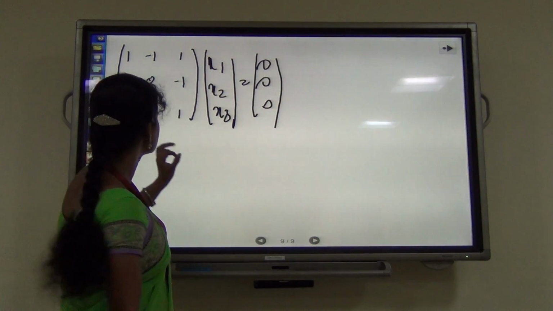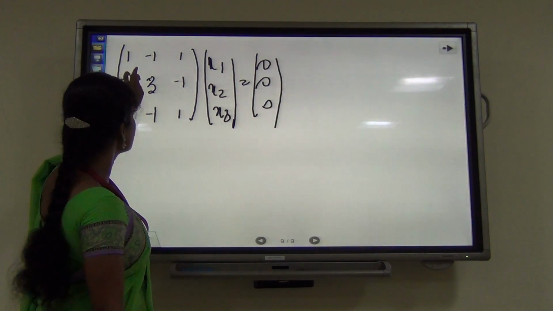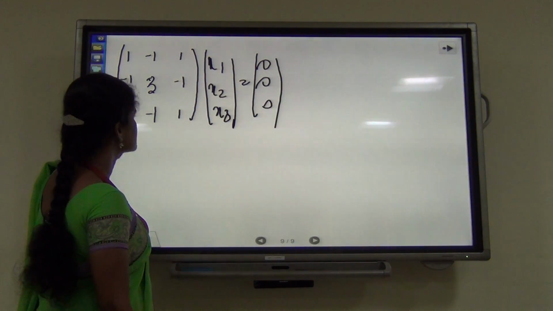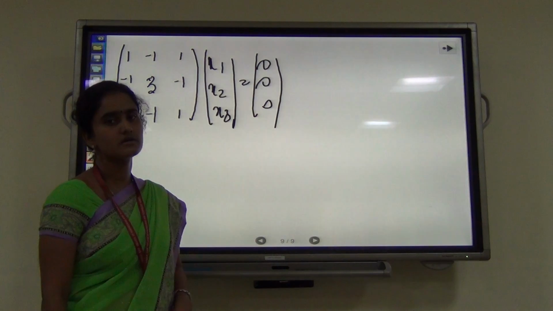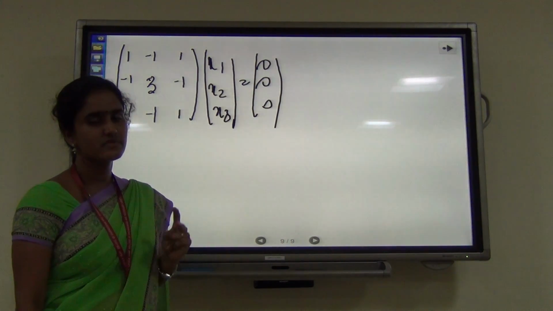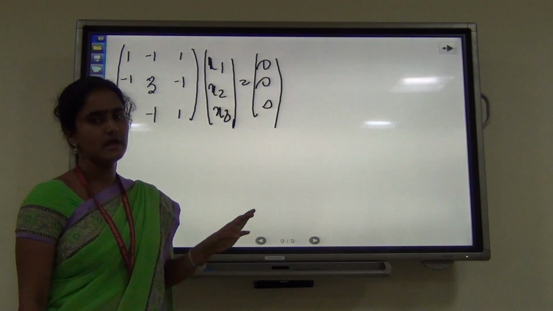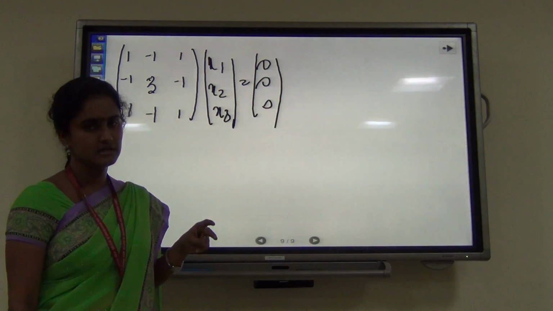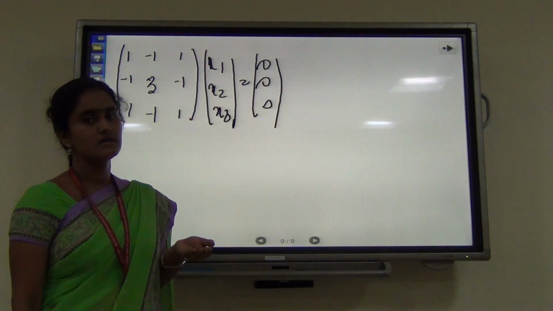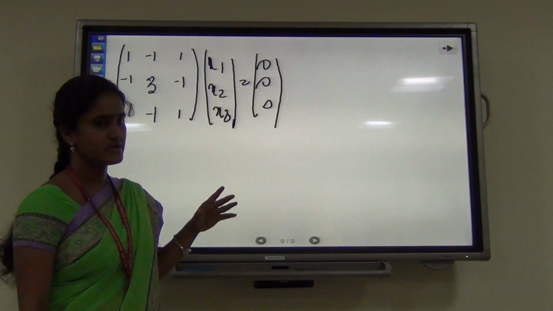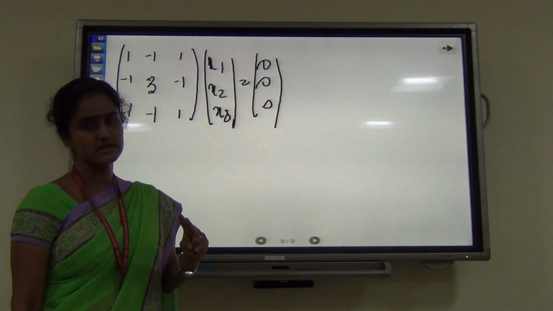Now when you look at this matrix, we could say that the first row and the third row are the same. It means they are identical. When two rows are identical, in terms of equations we'll have two identical equations.